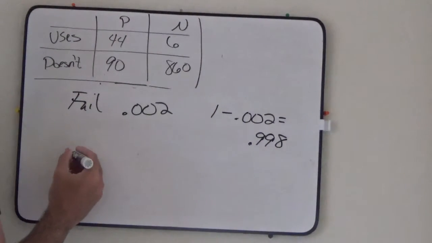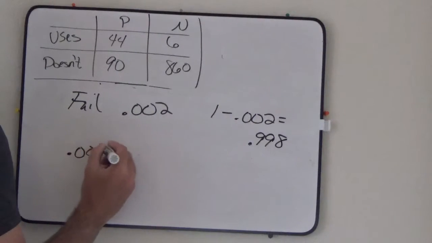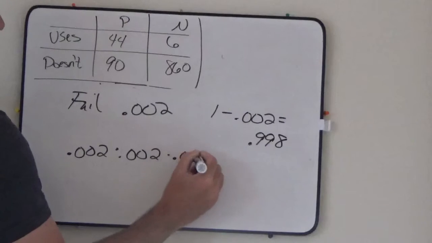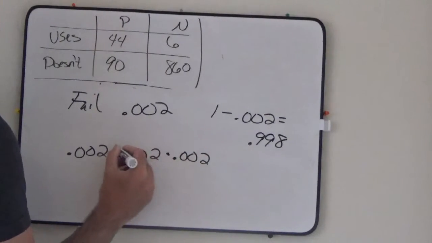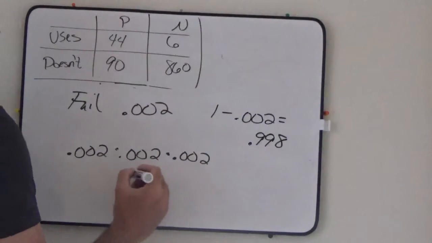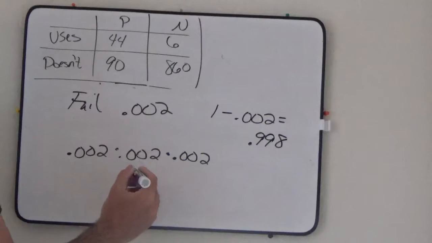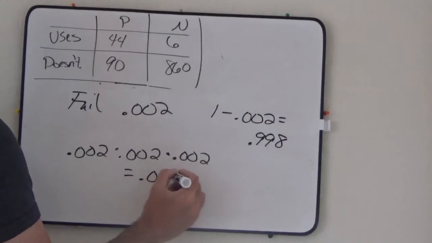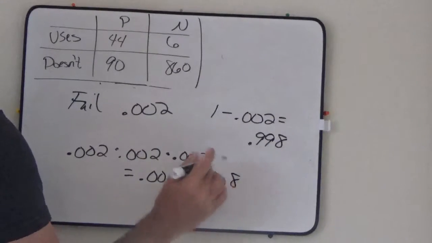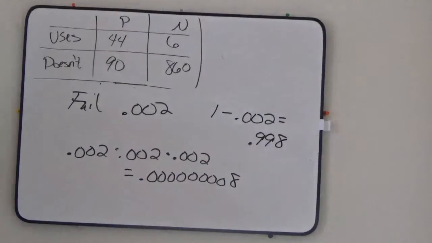So the probability of this failing would be 0.002 times 0.002 times 0.002, because that is the probability of each one of those failing. That gives us 0.00, there's 8 zeros, 1, 2, 3, 4, 5, 6, 7, 8, and then 8. That's the probability of failure, okay?